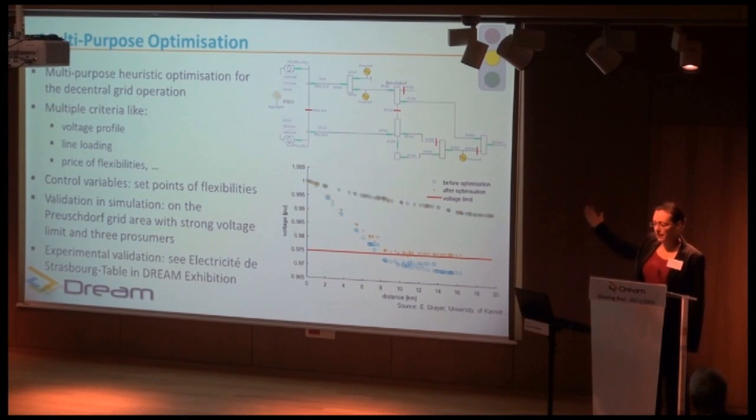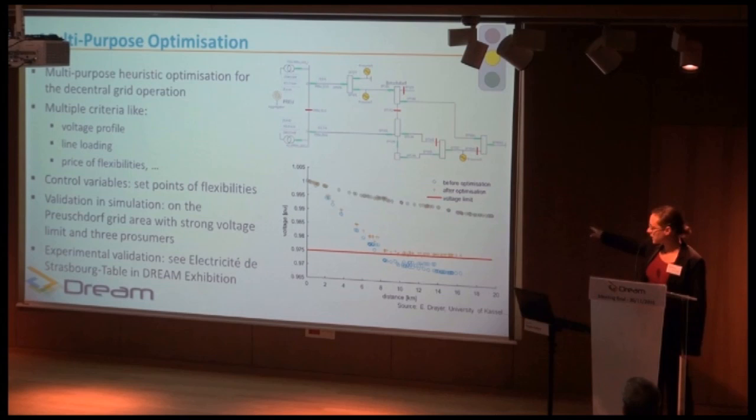We have done this in this example here on a real grid from Électricité de Strasbourg. It's the Breusdorf grid area, and you have the two feeders. On the plot below, you have the voltage of this grid. It's a 20 kV distribution grid, so it's plotted in per unit, where 1 means 20 kV.